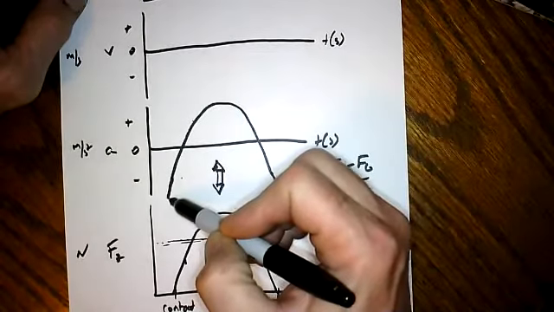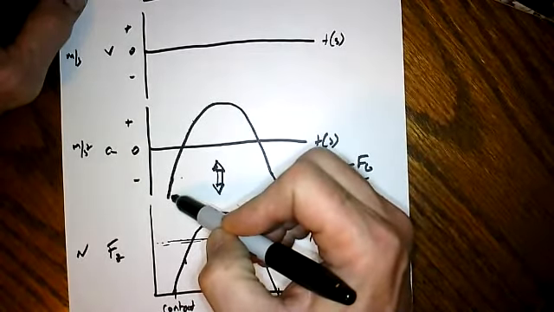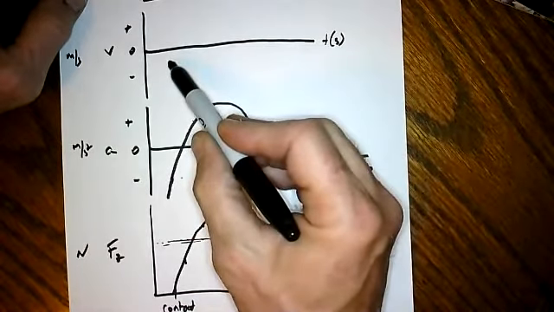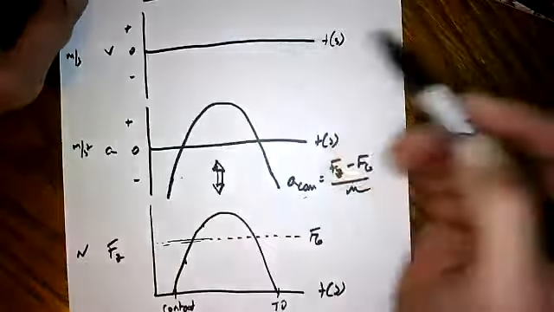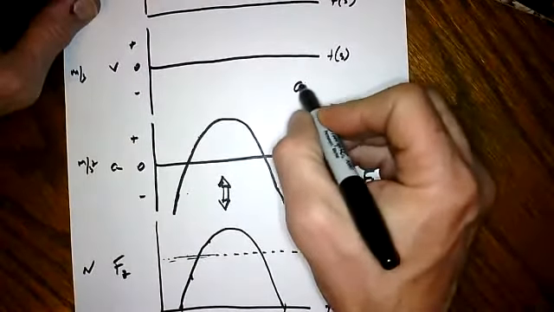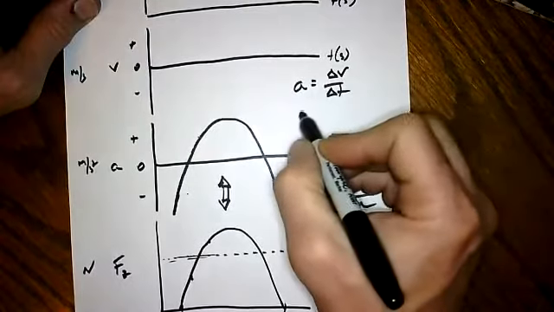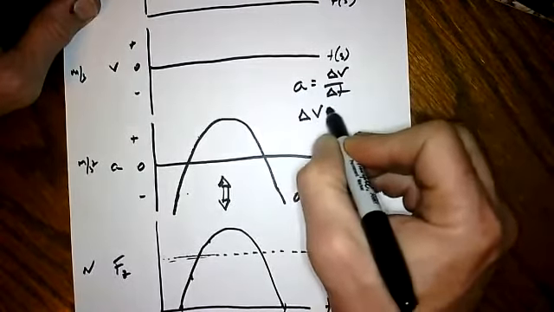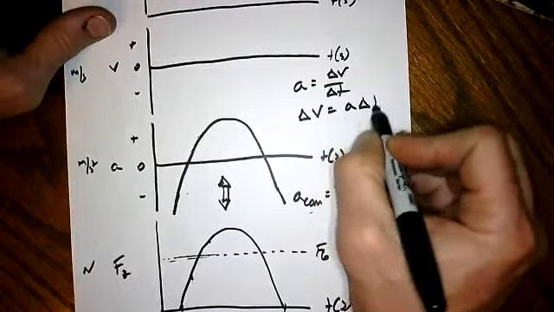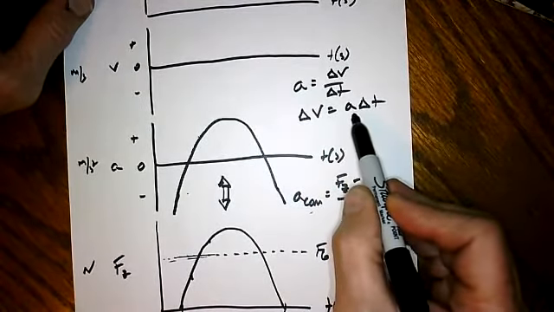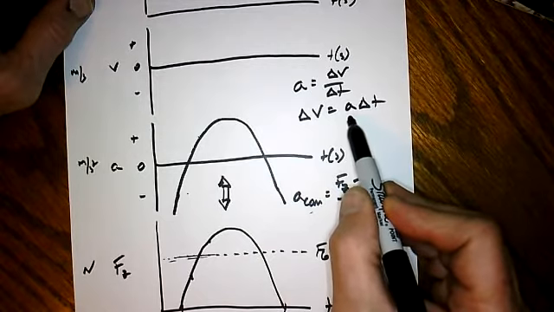We would calculate the area under this curve, and that area under this curve will tell us the change in velocity. Remember, A equals delta V over delta T. Or I can rearrange this as delta V equals A delta T. This is what I've explained in the other videos.